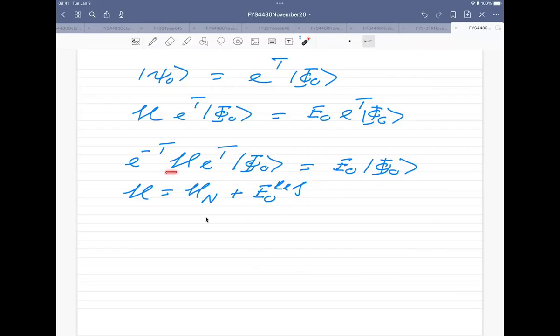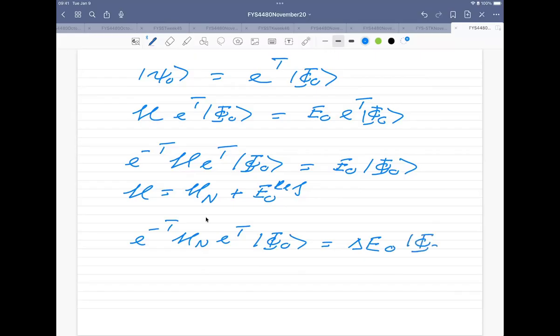So that means that we have a constant in here. And then we have e to the minus T times e to the T. And what we end up with then is that we have e to the minus T times this normal ordered Hamiltonian times e to the T multiplied with phi 0 is equal to delta E0 multiplied with phi 0.